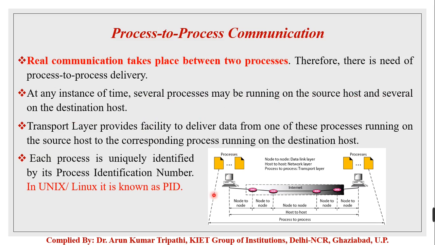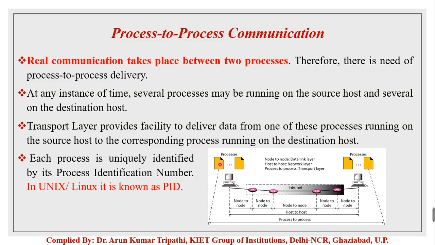Here, as the diagram depicts, there are a number of processes running on the sender as well as a number of processes running at the receiver. Transport layer provides the facility to deliver the data from one of these processes running on the source host to the corresponding process running on the destination host.